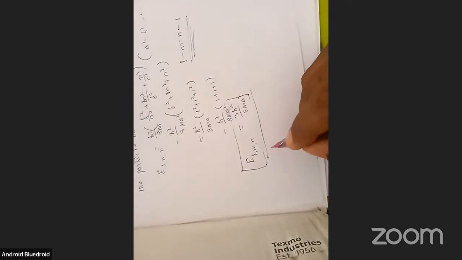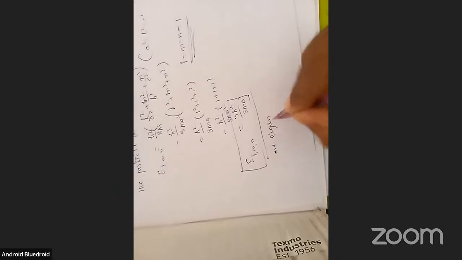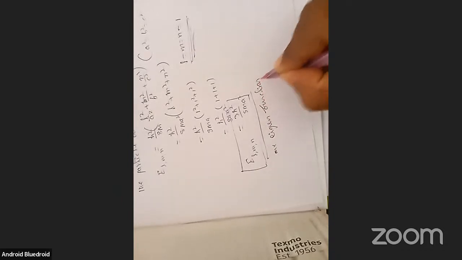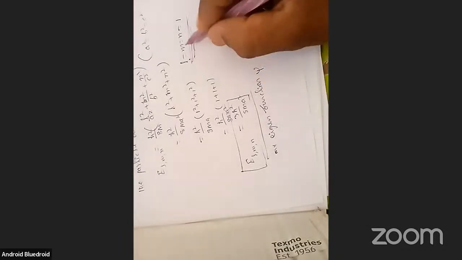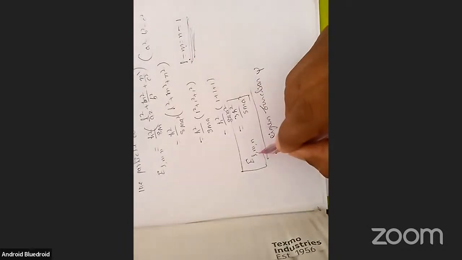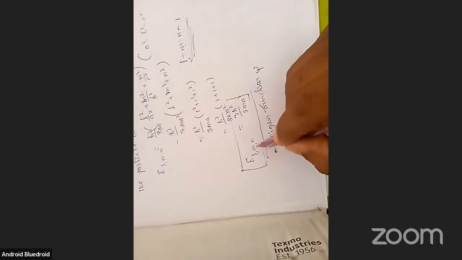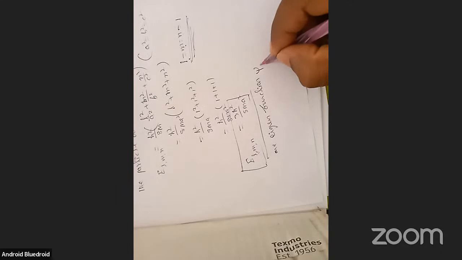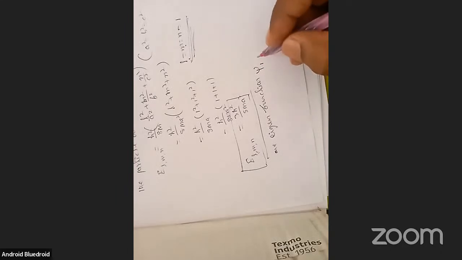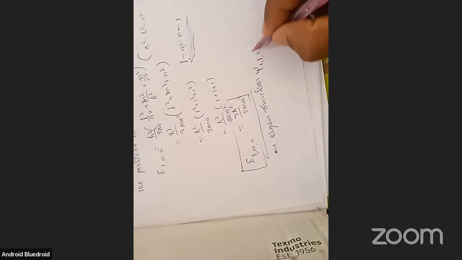Hence the eigen function psi of 1 comma 1 comma 1. Here the l value, m value, n value is 1, so these values are substituted here. So psi of 1 comma 1 comma 1 for the state.